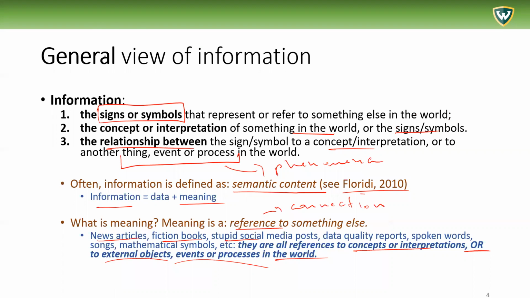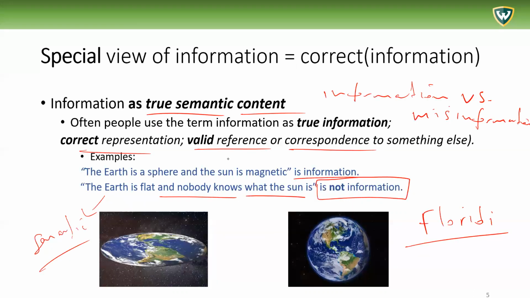If you use information in this general sense, just as the signs or symbols or just the concepts, then information and misinformation is the same. So he argues that we should refer and stick to information just as true information.